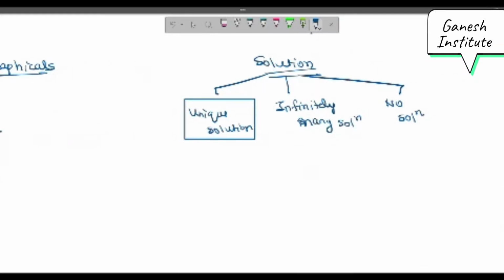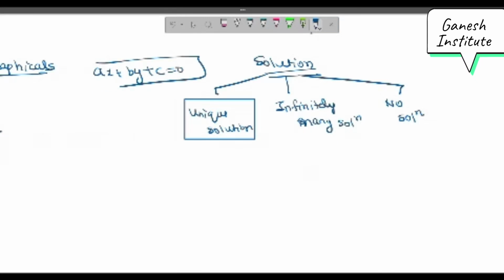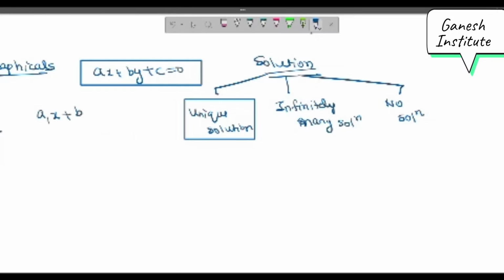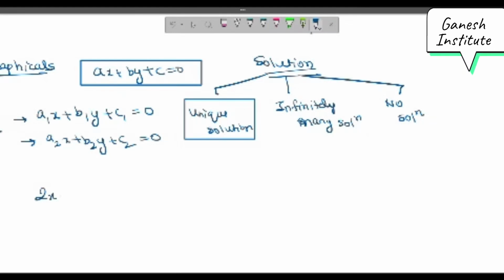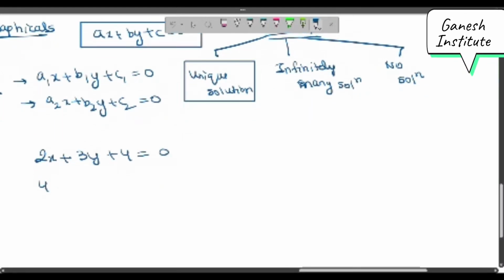Okay. And the standard form of equation is this: ax plus by plus c equals 0, right? Yes. Now, if I have two equations of this form, two equations means the coefficients are different. So I'm writing that I have two equations of this form, maybe 2x plus 3y plus 4 equals 0, and 4x plus 6y plus 8 equals 0.